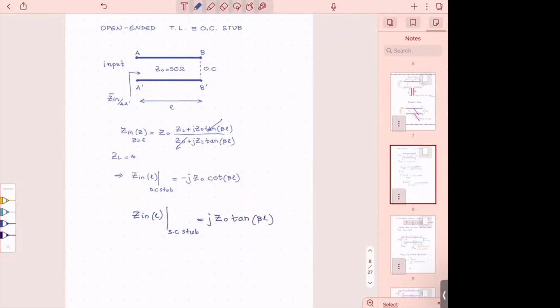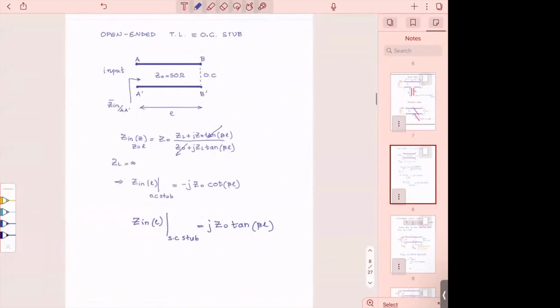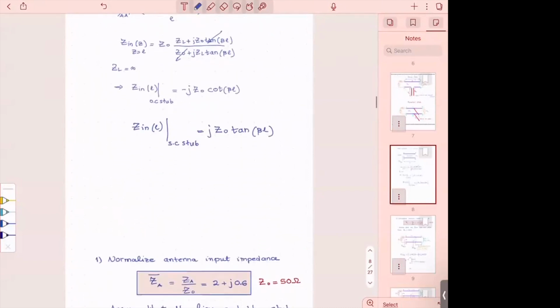All right. So what does that tell me? Now from that, I need to remember, and we have seen that, but now we put it in context. All right. So for a short-circuited stub, let me write it here. So you have it in your notes here.